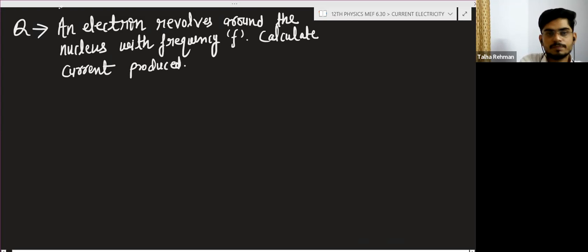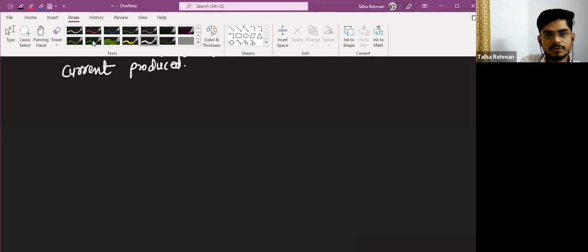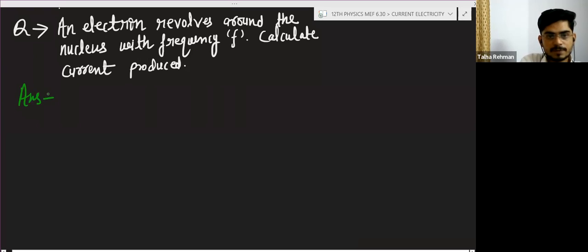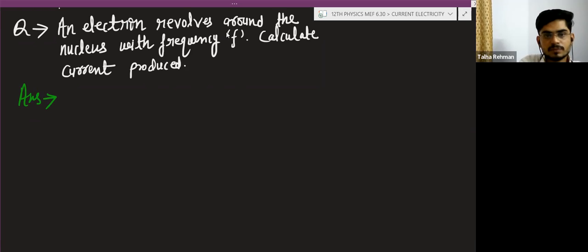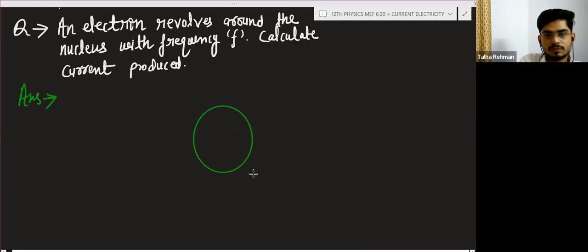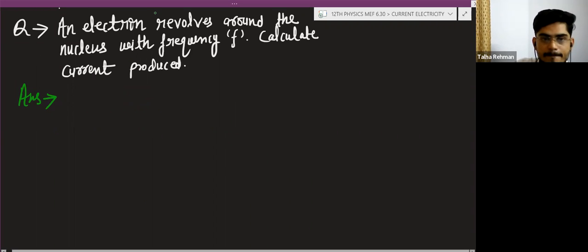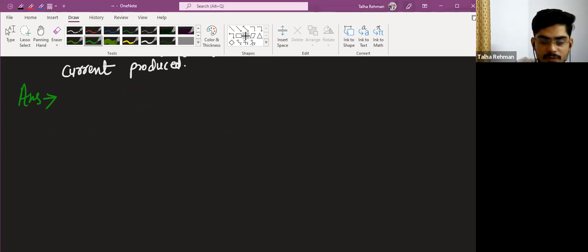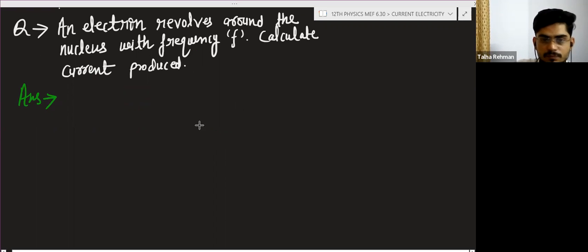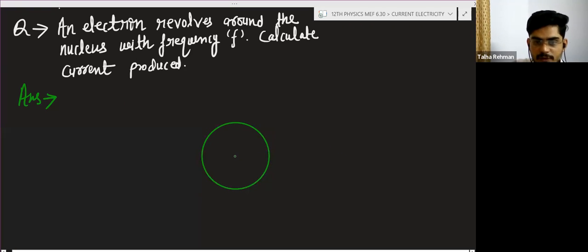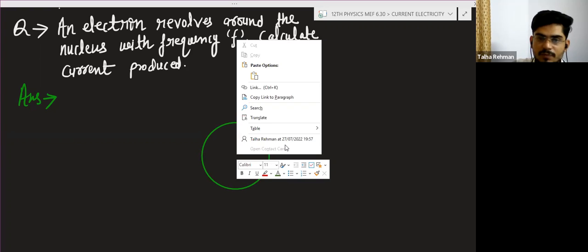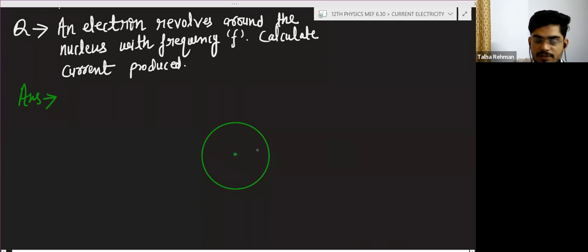So now please see on the screen carefully. I am solving it. Consider this as a circle. Why am I drawing this? We know that there is an atom.